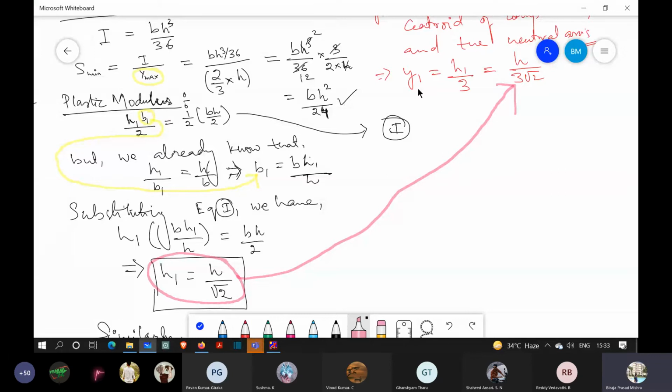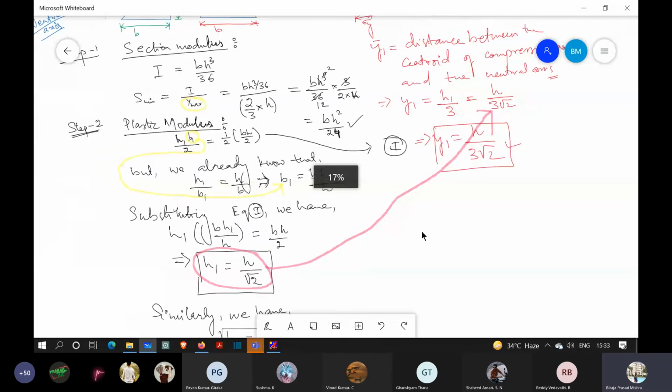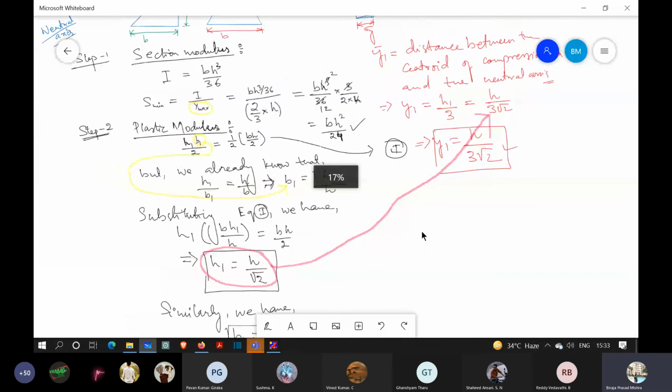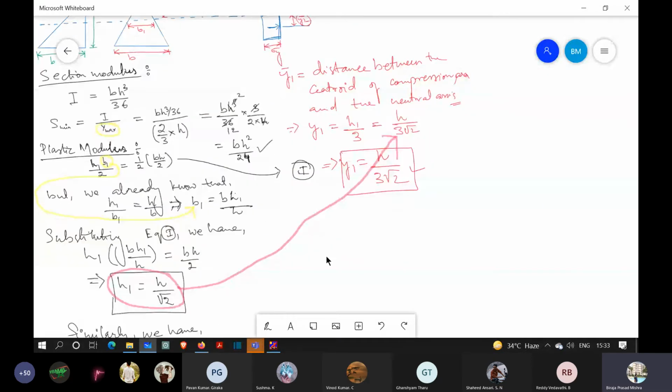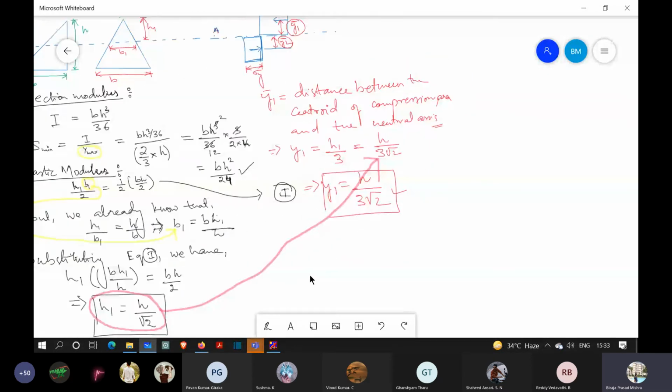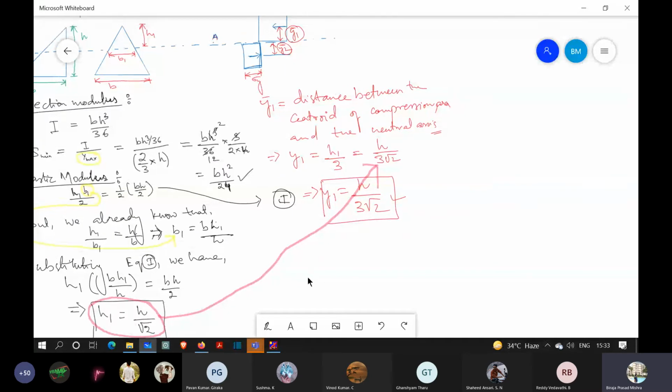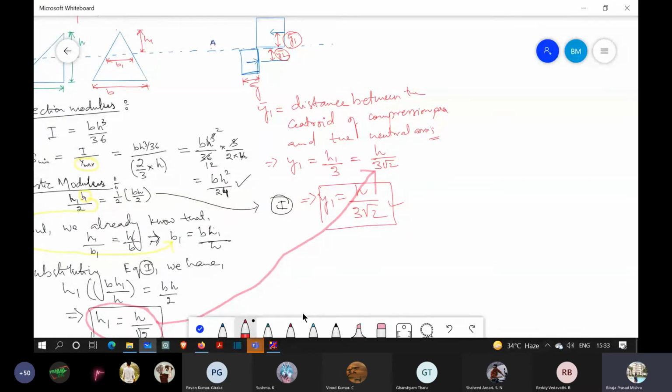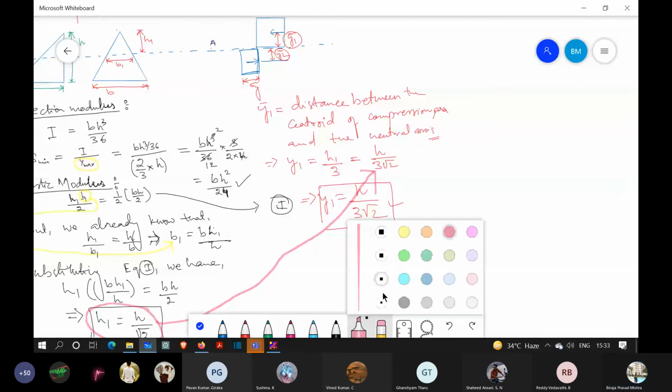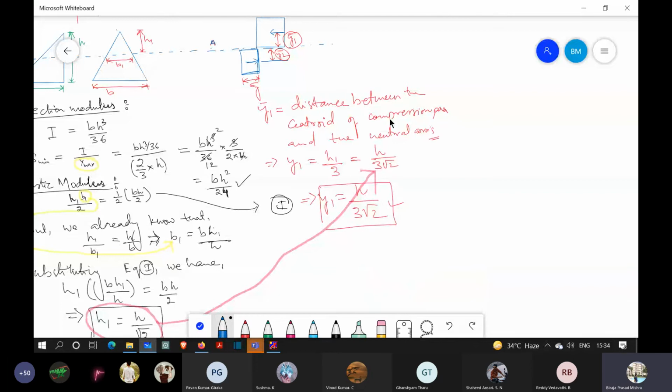what is again y2? Are y1 and y2 same? No, because y1 is for compression area.